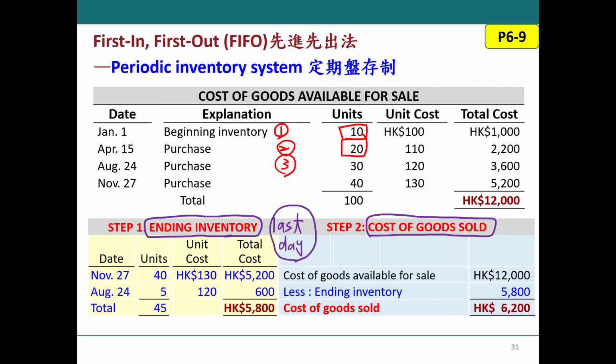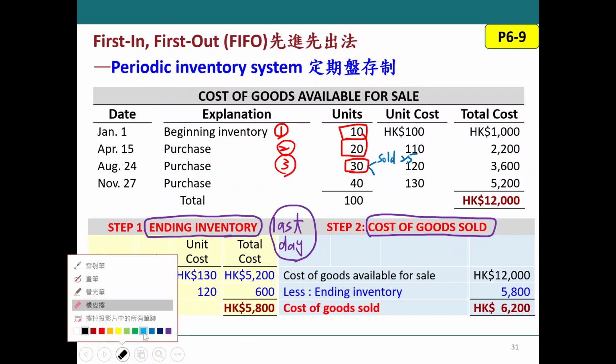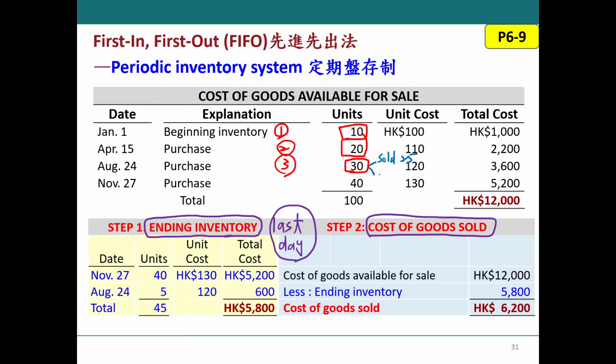No. You just need how many? 25, right? So based on the 30 purchase, you just sold 25, which means you still have how many in your company? 5, right? So unsold should be 5 units. Okay?